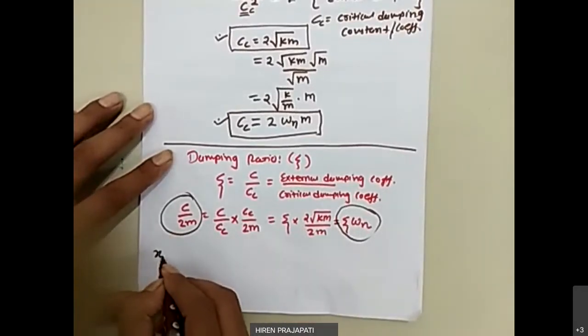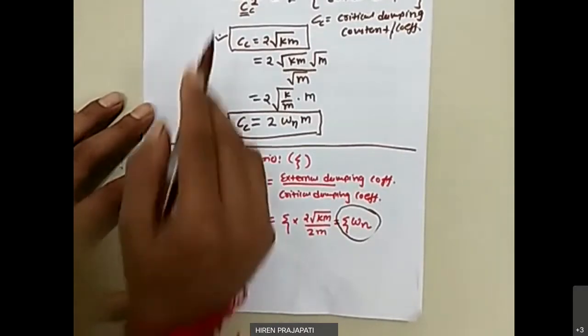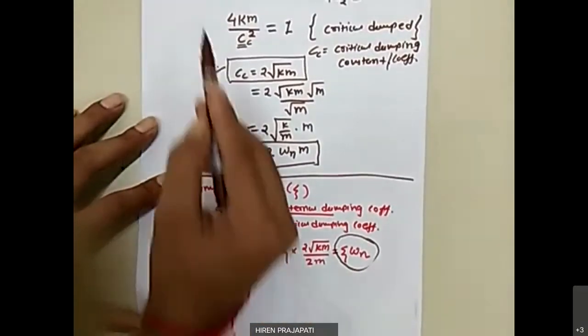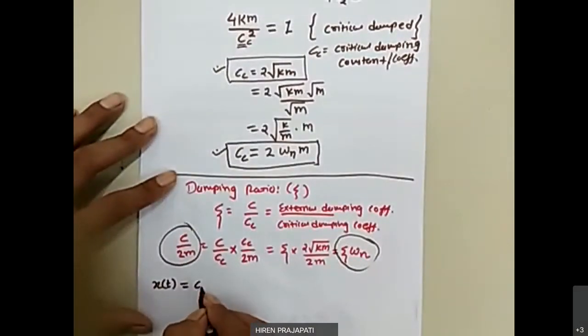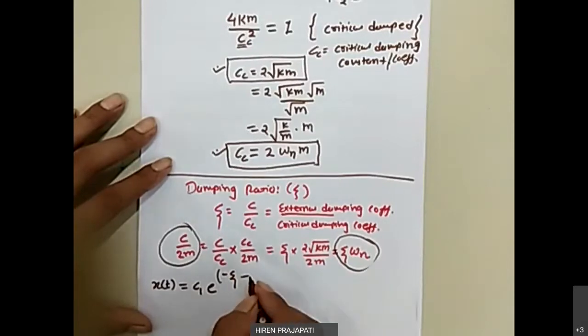Then x of t is equal to this above equation, which we are writing again as C1 e raised to, instead of minus C by 2m, I am writing minus zeta, plus and zeta omega n as well, but omega n is present in both terms, so we take it common.